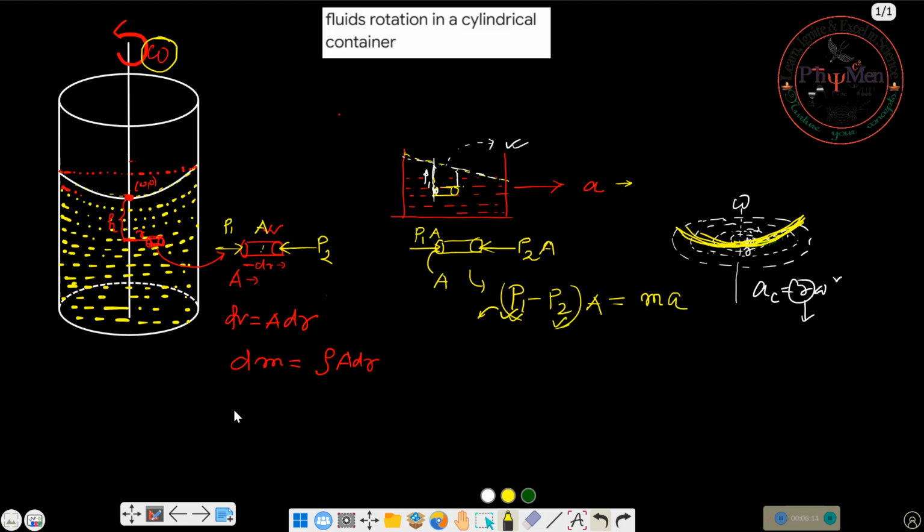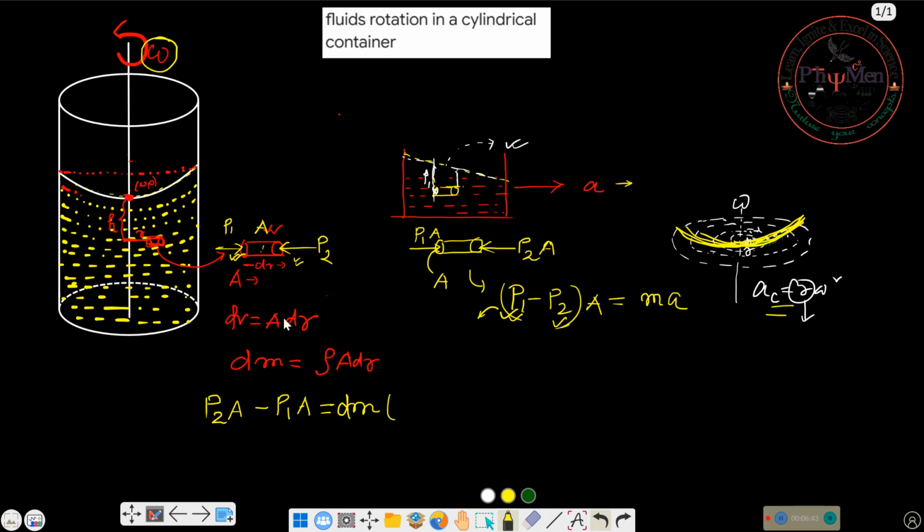So if we write the force equation, we have P2A, the force at this point, minus P1A, the force at this point, equal to the mass of the element dm into the centripetal acceleration.